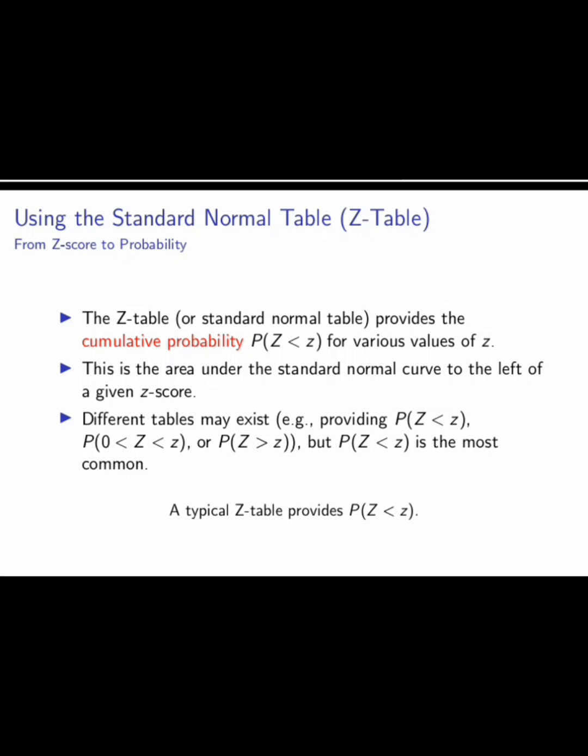For various values of the small letter z, it is the area under the standard normal curve to the left of a given z score. So to the left means the standard normal distribution is moving to the left. If it is greater, it means that the standard normal distribution is moving to the right.